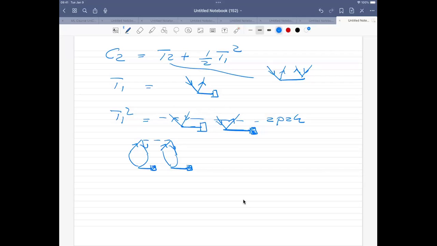Now, just for the sake of completeness, if we look at the C3 amplitude, which now contains three particle, three hole excitations in standard FCI, if I link that with coupled cluster theory, that is going to contain a three particle, three hole excitation, which is a T3. But then I will also have a T1 times T2. So I have a one particle, one hole times a two particle, two hole.